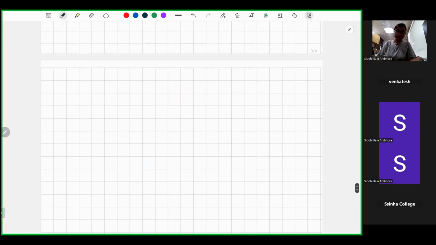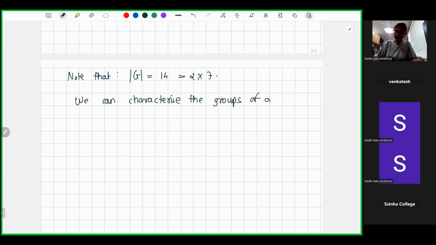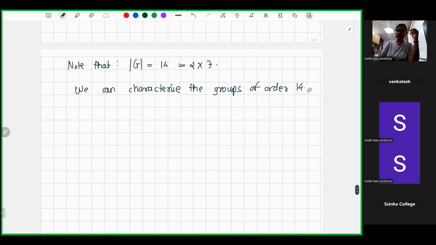So note that G has order 14, which is 2 into 7, and we can characterize the groups of order 14 completely.